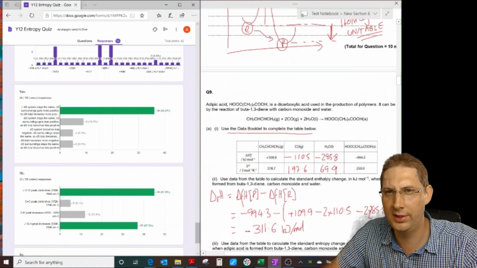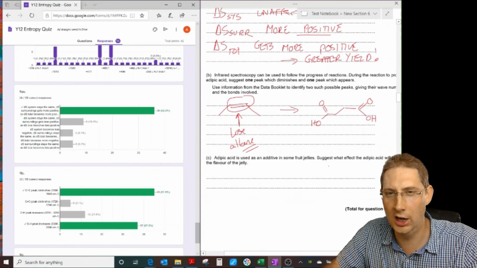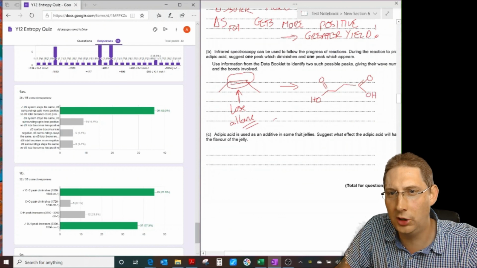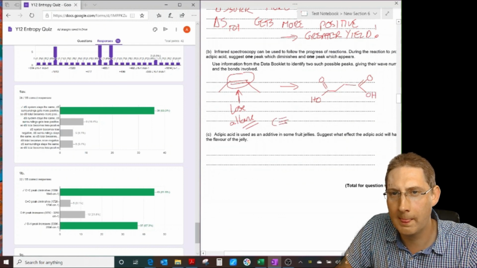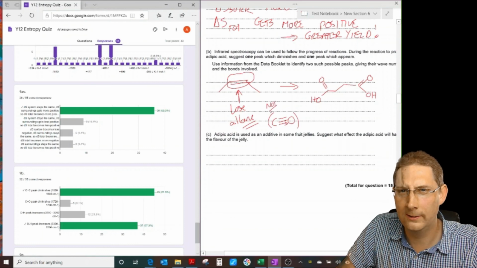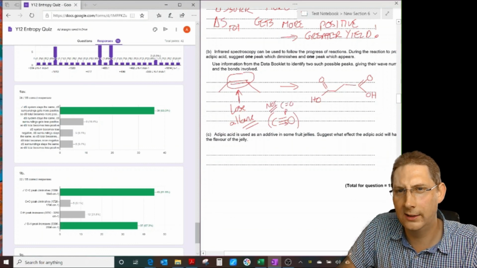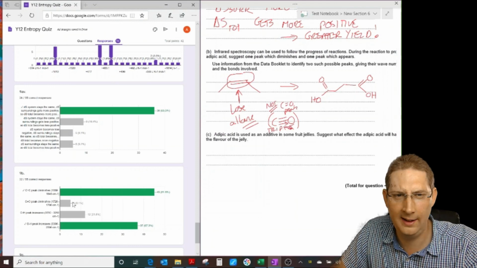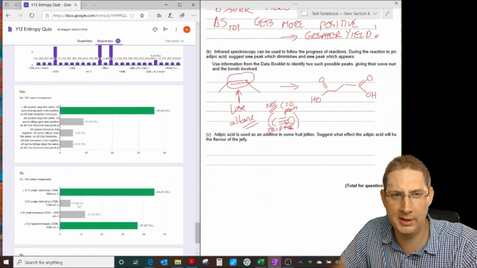If some of you were thinking about CO, carbon monoxide unfortunately is a triple bond. So that is not the CO peak. It's a triple bond, so that's why that was a red herring there. So that did not diminish.